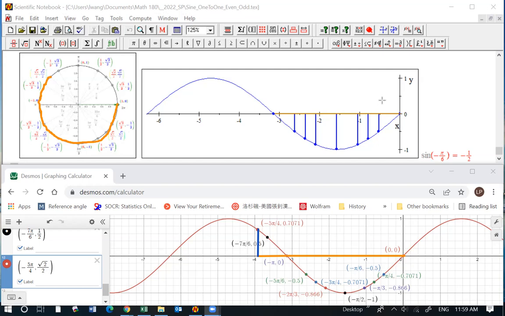And we keep going, okay? The next one is going to be negative 4π/3, okay? How do I find out? There's a 4π/3 there, right? Or you just keep going, because you can figure out 360 minus 120.